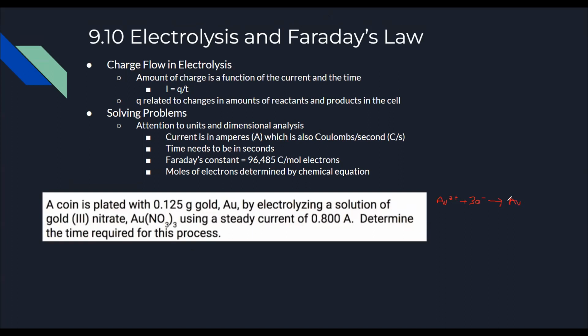So the ratio is 1 mole Au to 3 moles of electrons. And also you have to get the molar mass of Au. When I look it up, it's 196.97 grams per mole, or 197 grams per mole.